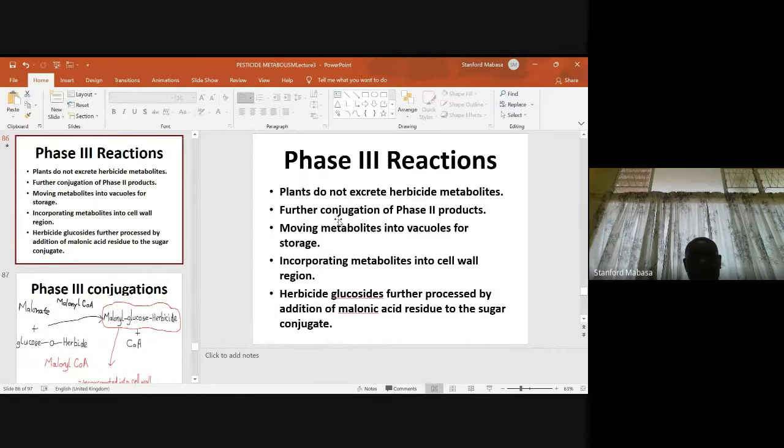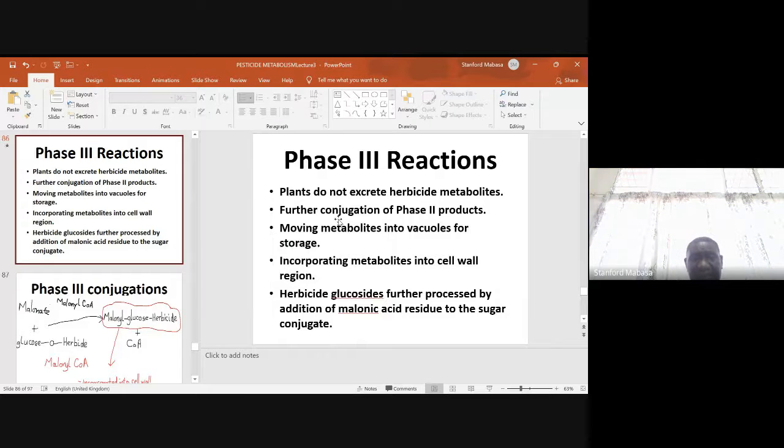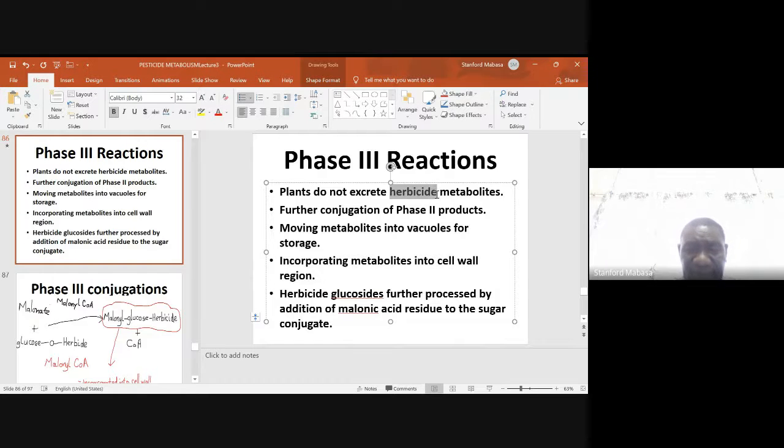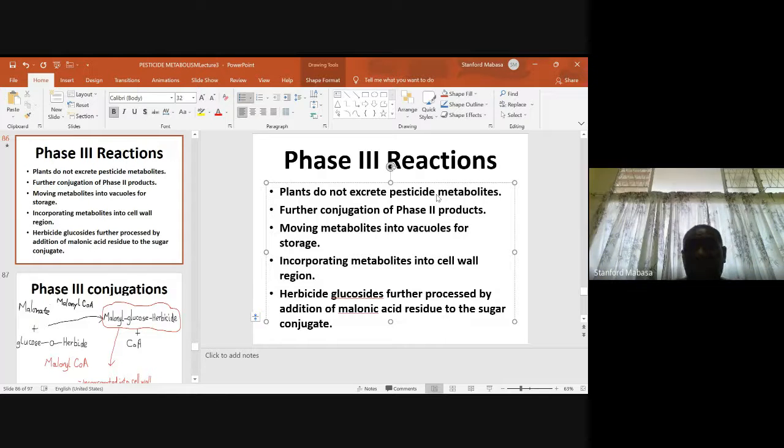I just want to move on to the phase 3 reactions. Now, plants do not excrete, let's say, pesticide. Let us generalize it. Pesticide metabolites.